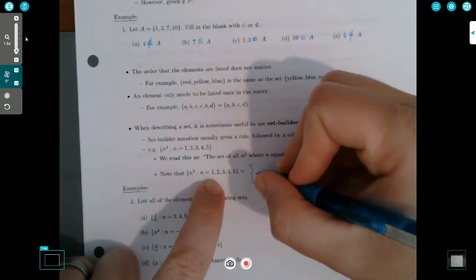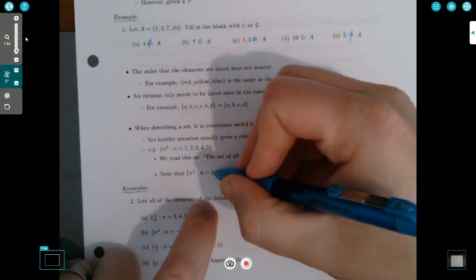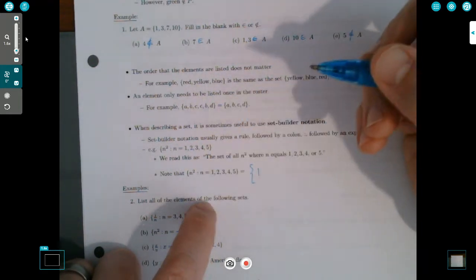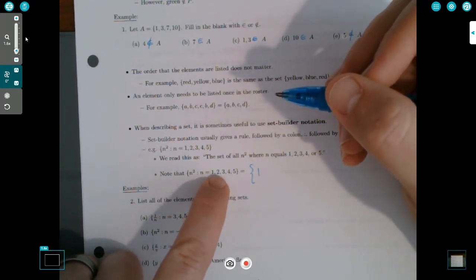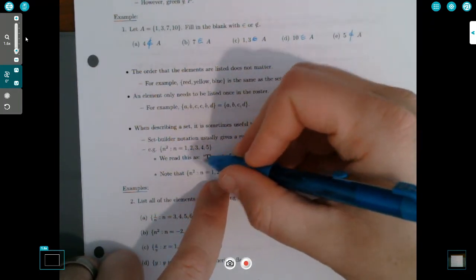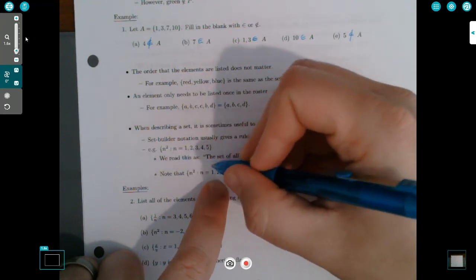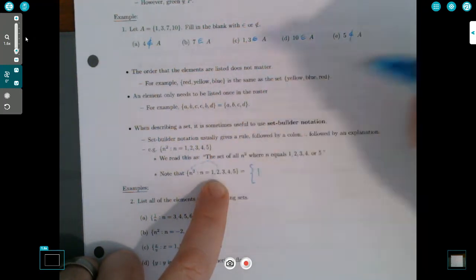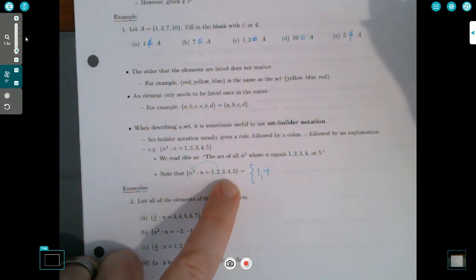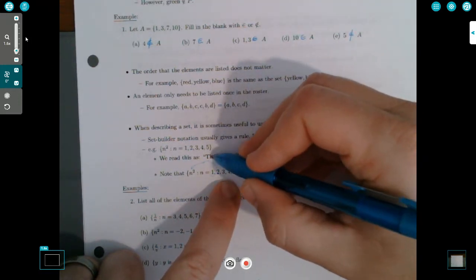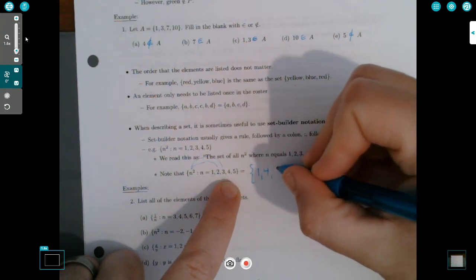So for example, 1 would be an element of the set because if I plug 1 into n, I get 1 squared, which is 1. 2 is not an element of the set, but 4 is, right? If I plug in 2 there, I get 2 squared, which is 4. So 4 is an element of this set. If I plug in 3, 3 squared is 9.